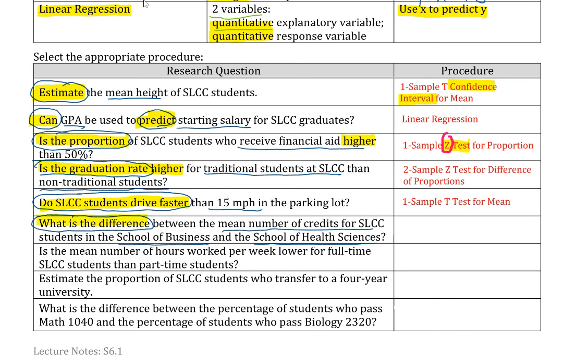We're being asked to estimate the difference between these two means, the mean number of credits for students in the School of Business versus the School of Health Sciences. And because we're trying to come up with this difference, we're trying to estimate a value, so we will use a two-sample t confidence interval for the difference of means.